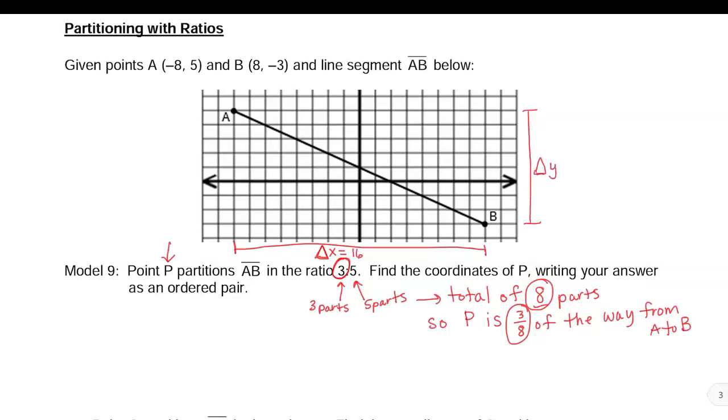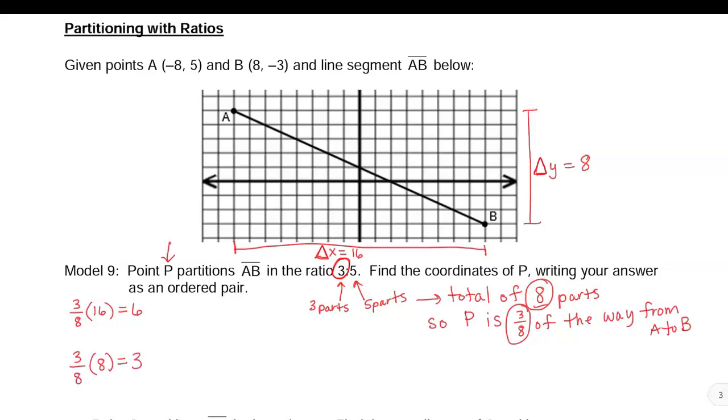Notice I put the triangle again. That means the change in y, and the change in y is 8. Okay? So when I do this, I'm going to take 3/8 of the change in x, which was 16, and that gets me 6, and then I'll take 3/8 of the change in y, which is 8, and that gets me 3.